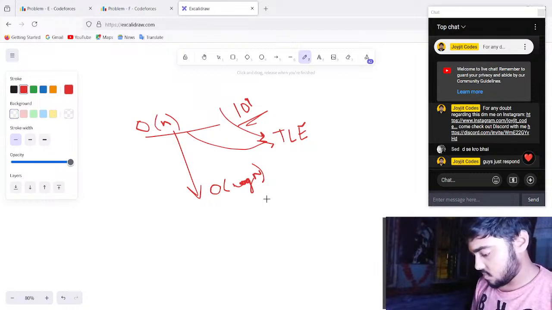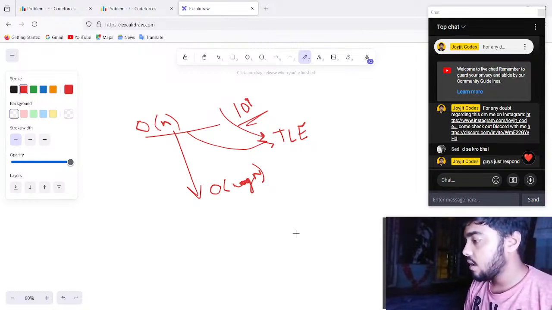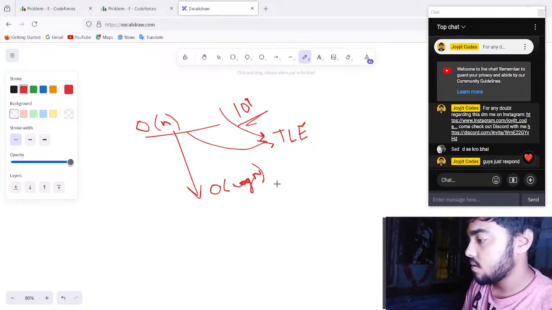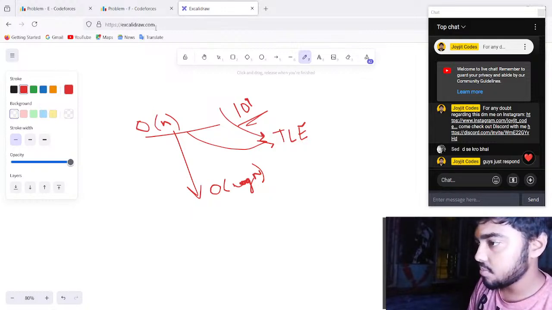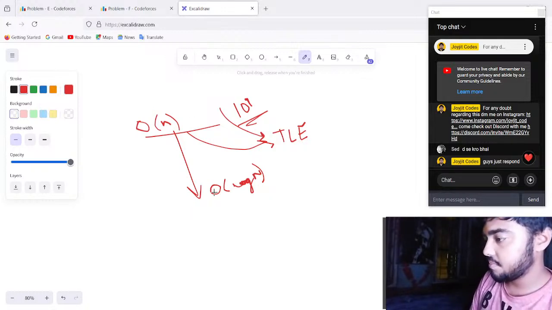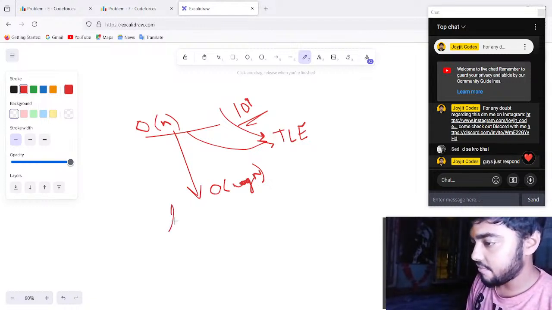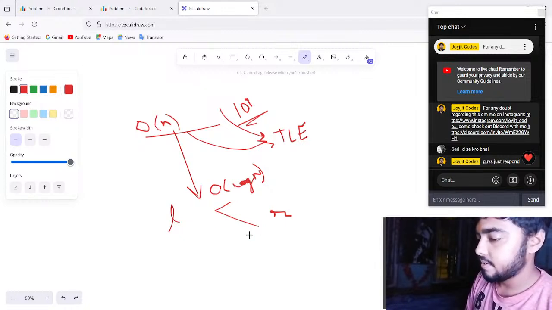So if we're talking about binary search, we can find what should be the position of I, because we are going to binary search the position of I. So we know that whenever we are performing binary search, it is like L and R, and the condition is while L is lesser than or equal to R.